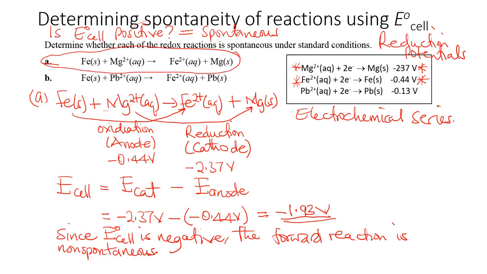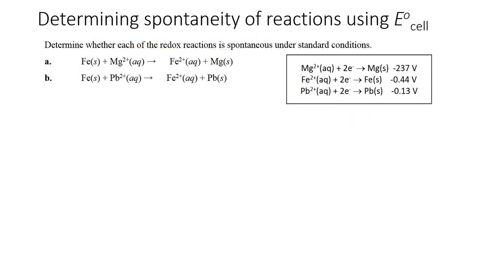What about B? Now for B, oxidation is here. So this one is oxidation. It is losing electrons. Oxidation, that is anode.